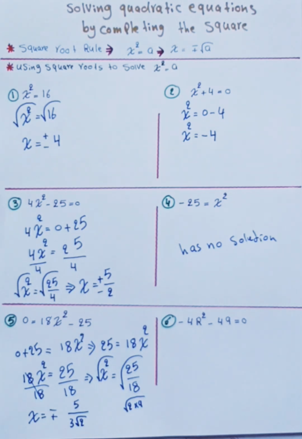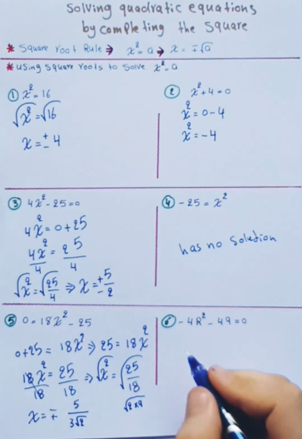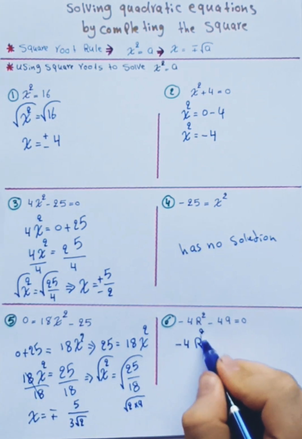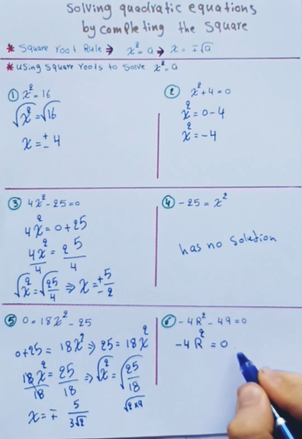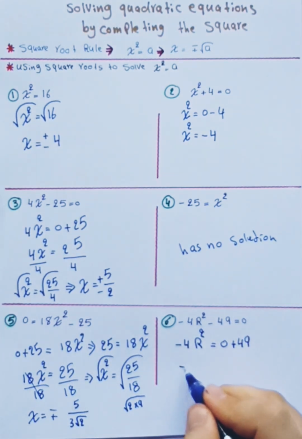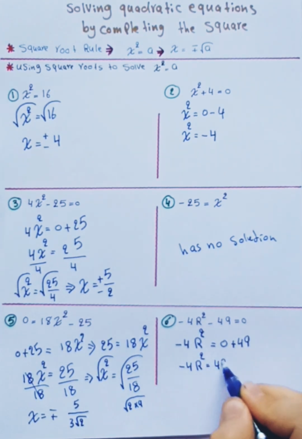Example number 6, we have negative 4r squared minus 49 equal to 0. First we have to move negative 49 to the right side, so we have negative 4r squared equal to 0 plus 49, and then negative 4r squared equal to 49.